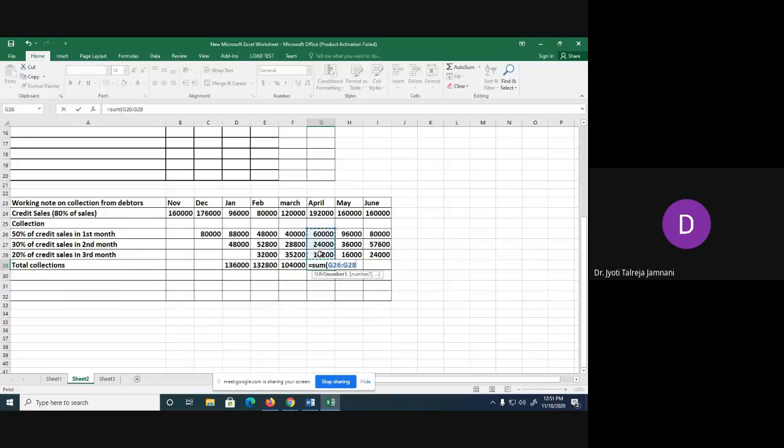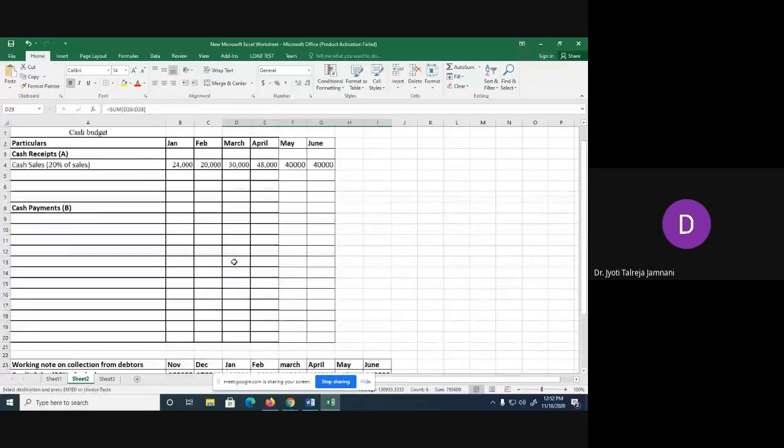So these are the values of collection from debtors. Okay, we have added all and we've got it.